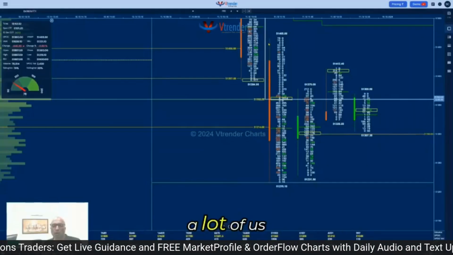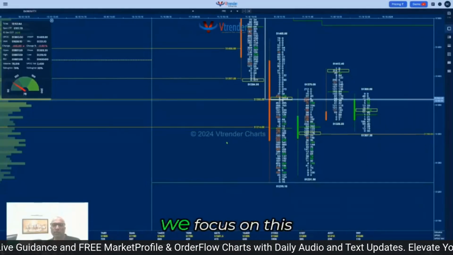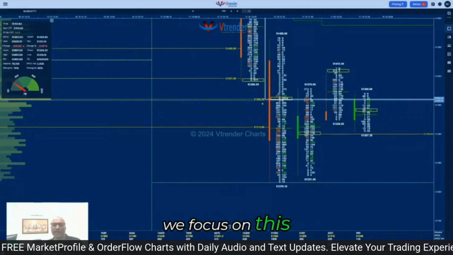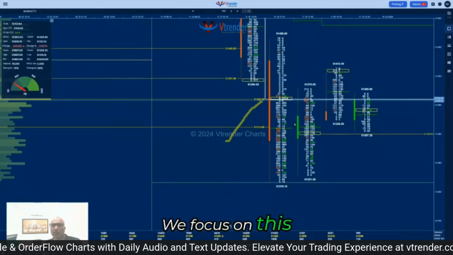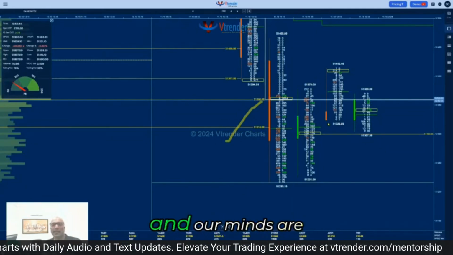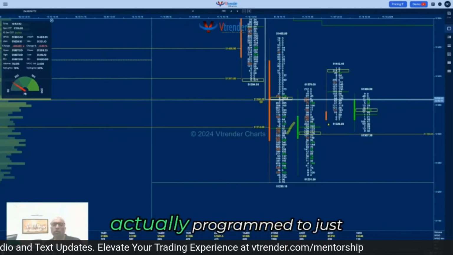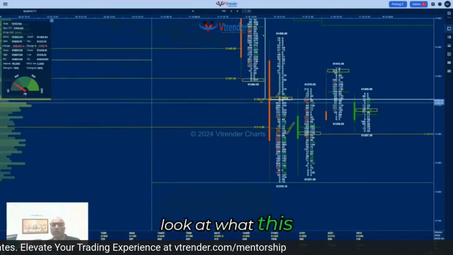Now, a lot of us, when we first see an order flow chart, focus on this candle. We focus on the color of this candle, and our minds are programmed to just look at what this color is.